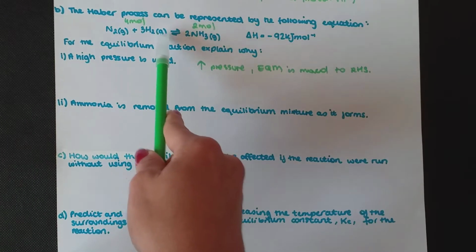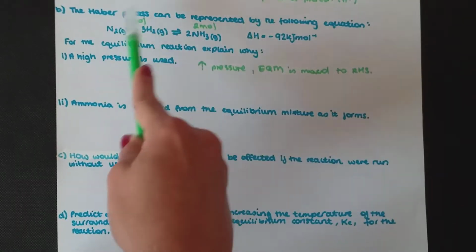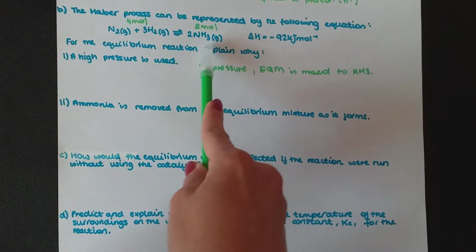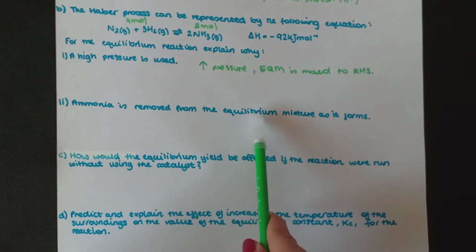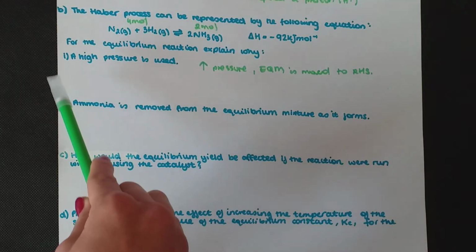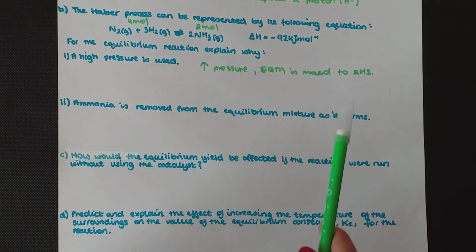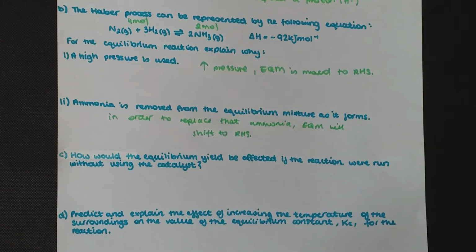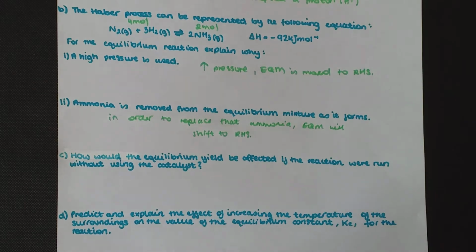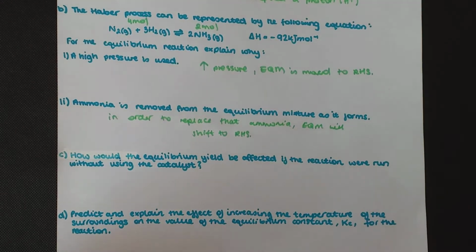So when we remove the ammonia, there's going to be more and more ammonia formed to restore the equilibrium. That's why ammonia is removed from the equilibrium mixture as it forms, because then we can make more and more ammonia. So in order to replace the ammonia, equilibrium will shift to the right hand side. That is a good thing because we're going to form even more ammonia.